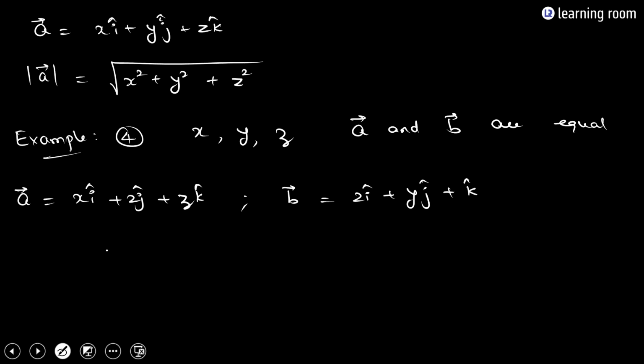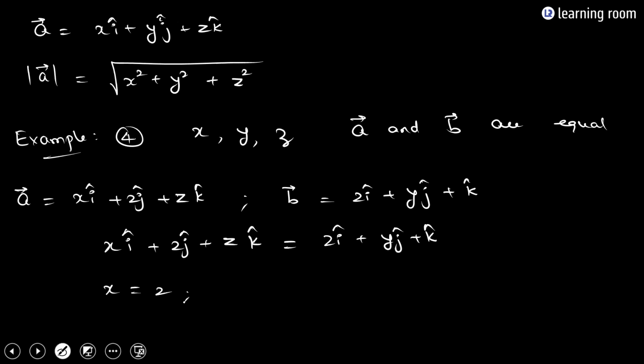If they both are equal, x i cap plus 2 j cap plus z k cap is equal to 2 i cap plus y j cap plus k cap. So x will be equal to 2, y will be 2, and z will be 1.